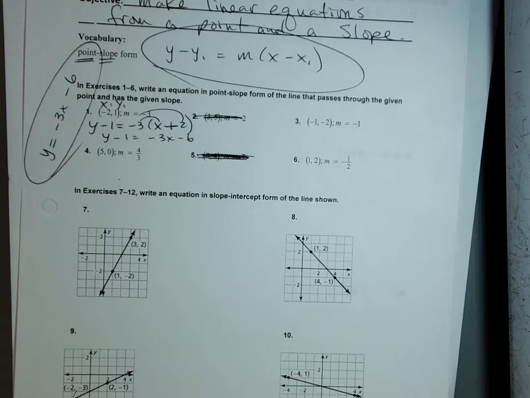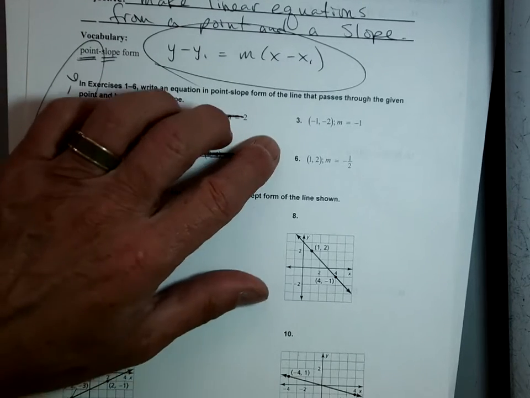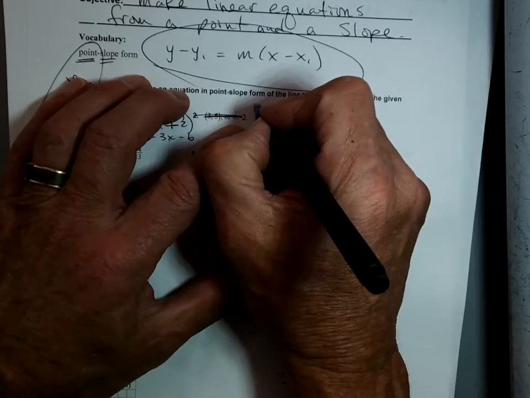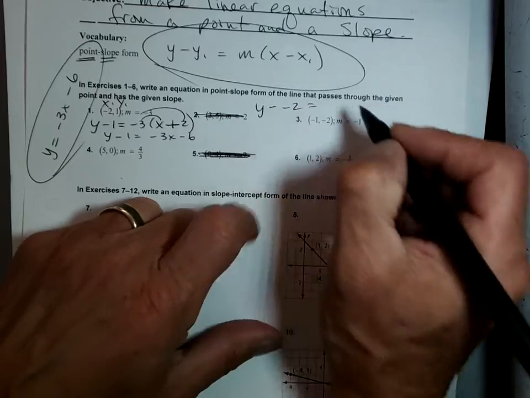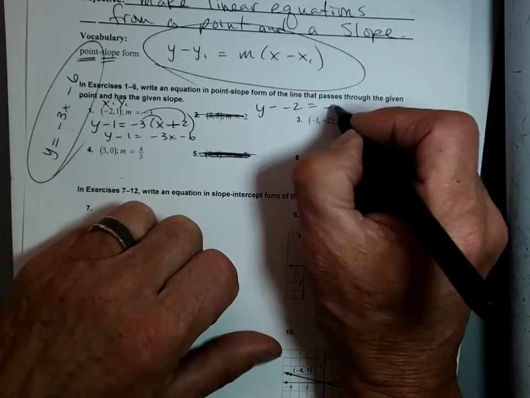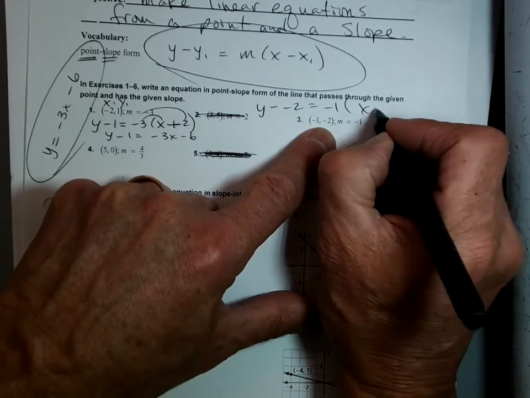And my slope, which is negative 1, is going to go there. How's that sound? Okay, see it? So I'm going to put those in there. I'm going to rewrite this as y minus a negative 2 equals negative 1 times x minus a negative 1, okay?